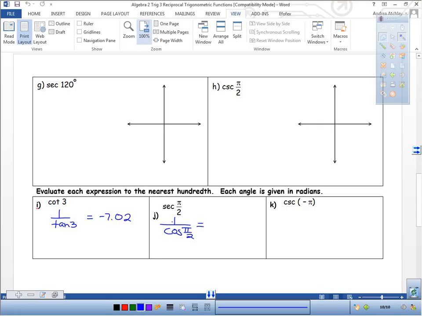Nope, that did not work for me. Yeah, use your pi button. I'm not sure. Give me a second. 0.76? Okay. I don't think it should be that. I think it should be like 0 or 1.